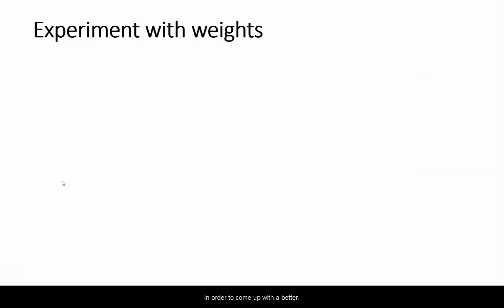So in order to come up with a better model, of course what we have to do is to experiment with our weights or the parameters of my neural network.